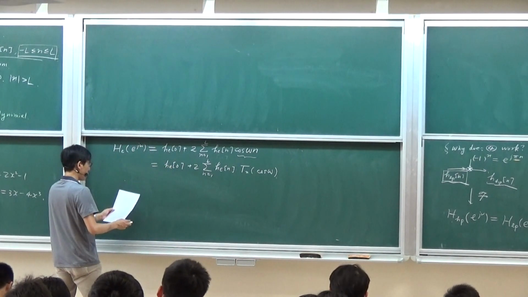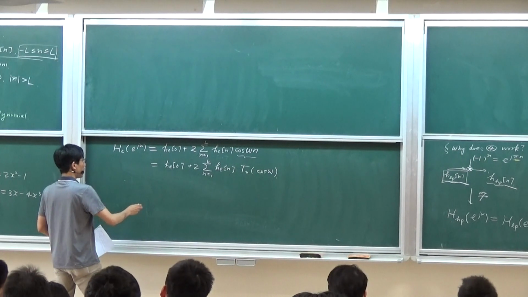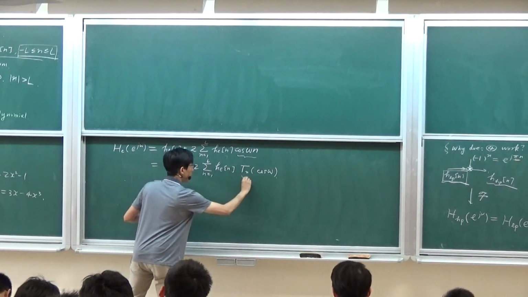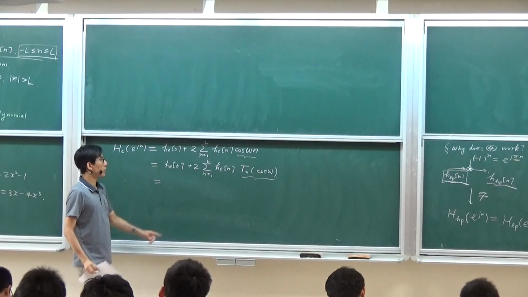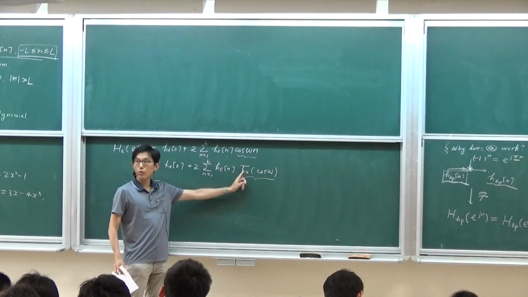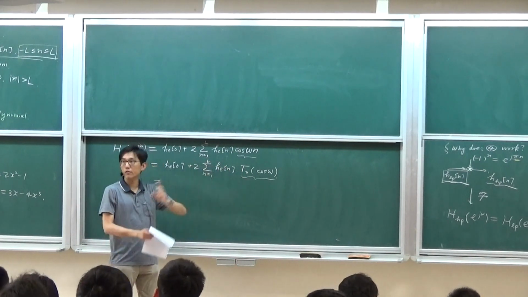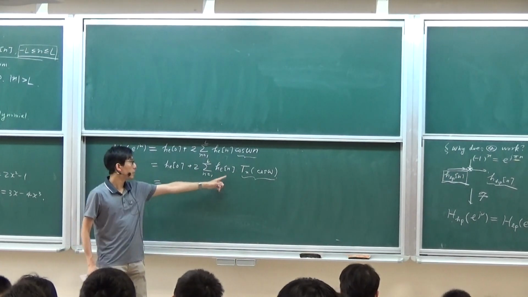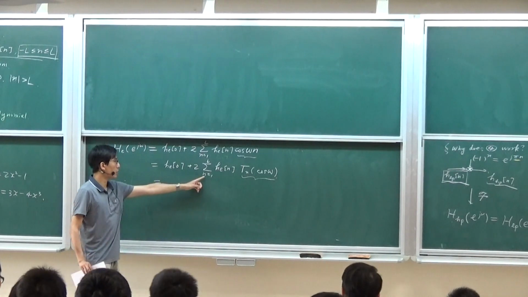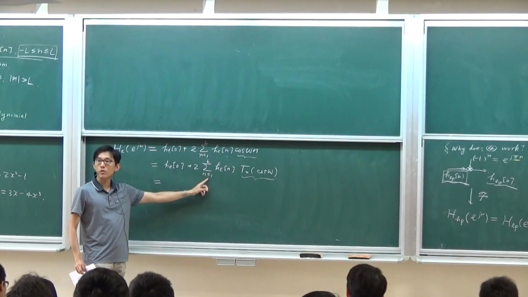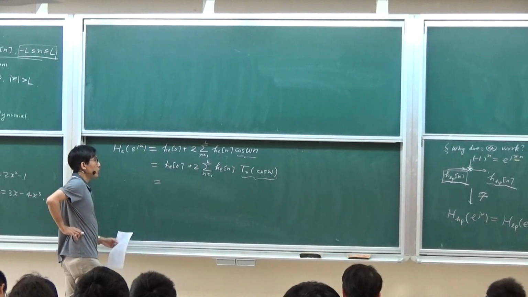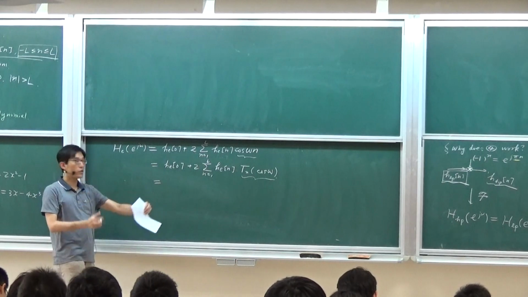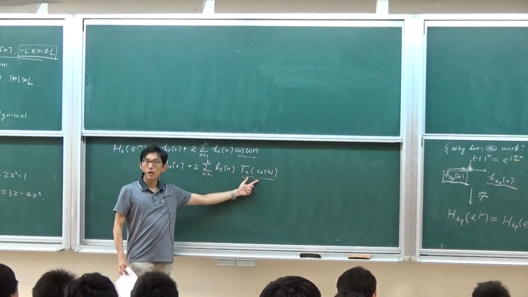So if we just expand everything here, n runs from 1, 2, 3, 4, 5 all the way to L, L being the half length of the filter. The result is going to be a big polynomial of cosine omega, because everything here is a polynomial, and we sum them up.